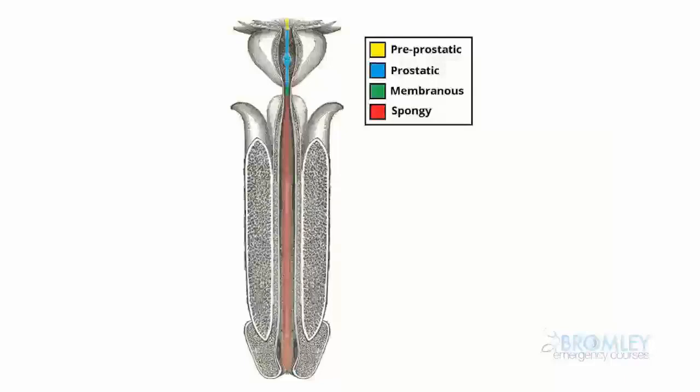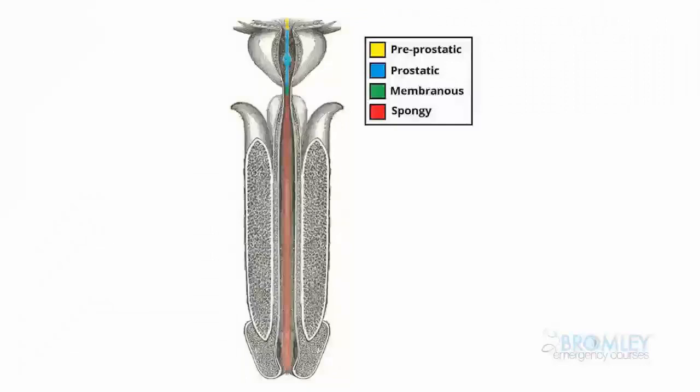So four parts: pre-prostatic, prostatic, membranous, and spongy urethra.